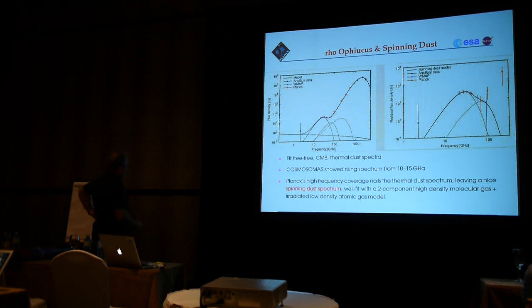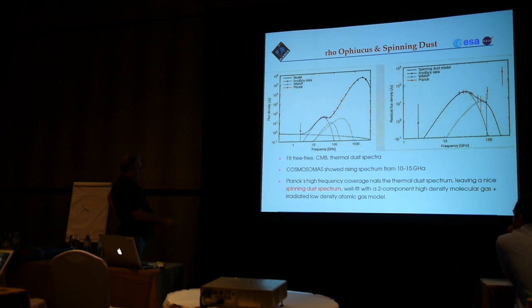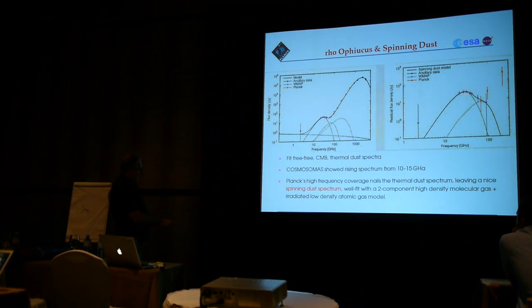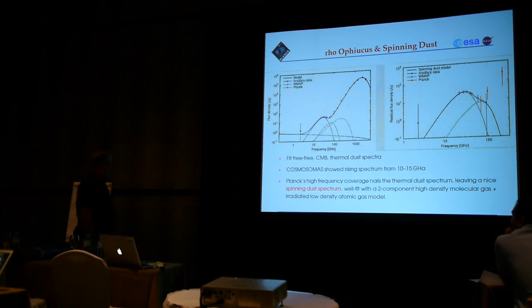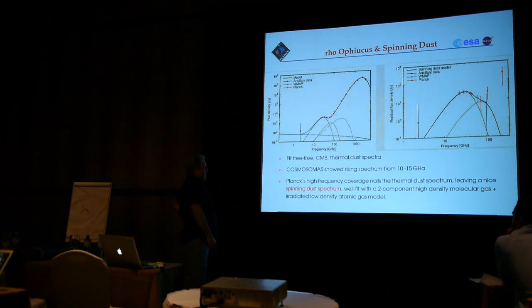So the overall spectral fits, after this dust contribution, very well nailed by Planck, is removed, and CMB is removed, leave these 2 components, which in the case of this particular source provide a relatively compelling fit for a combination of 2 gas components: high-density molecular gas and low-density atomic gas present in the cloud.